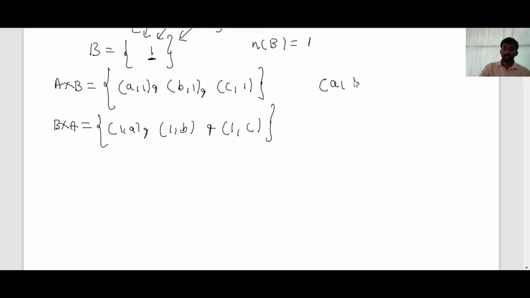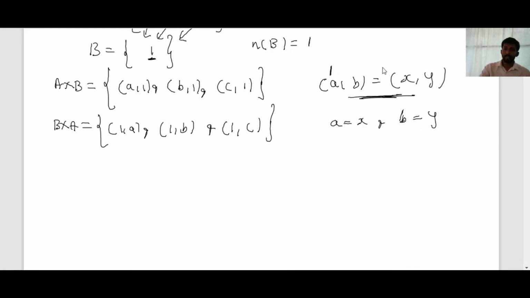Suppose two ordered pairs (a, b) equal to (x, y) are there. Two ordered pairs are equal only when a equals x and b equals y. The meaning of this is, if two ordered pairs are equal, their corresponding elements are equal.